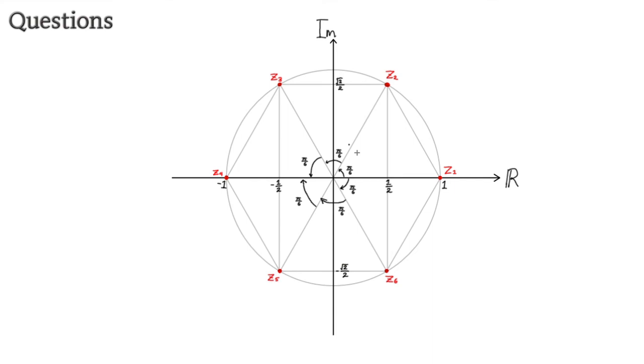You can use a vector notation, say a line, for a complex value, but I just denoted them as dots.